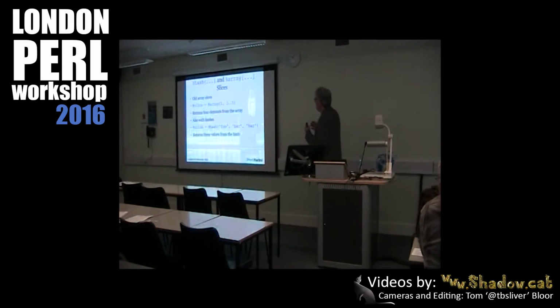But what we get back from our hash slice isn't anything that looks like a hash. It's just the values, or just the key slots that you can put values into. So we get basically a one-dimensional list of values back.